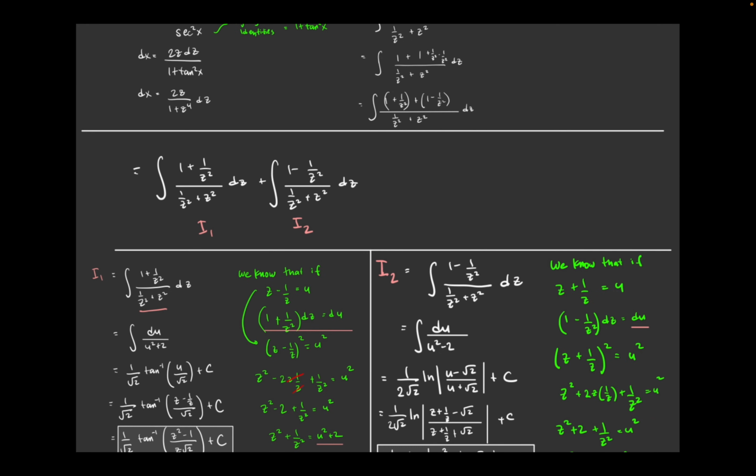And z square root of 2 is square root of tan x square root of 2, that means square root of 2 tan x lang tayo dito.